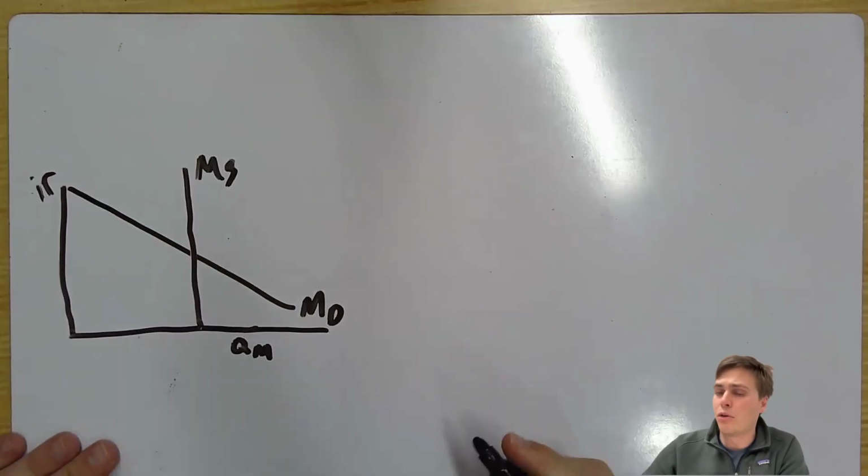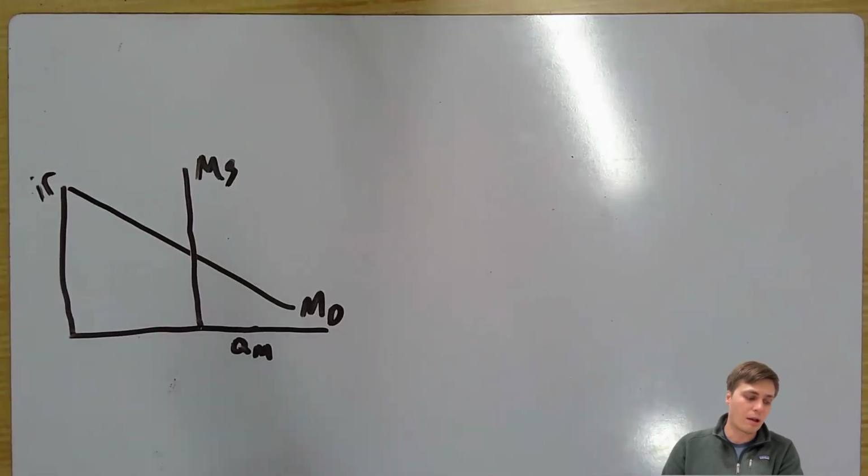All right. So let's talk a little bit about the money supply here, and the shifters of this. As I said in the last video, the money supply is set by the Fed.